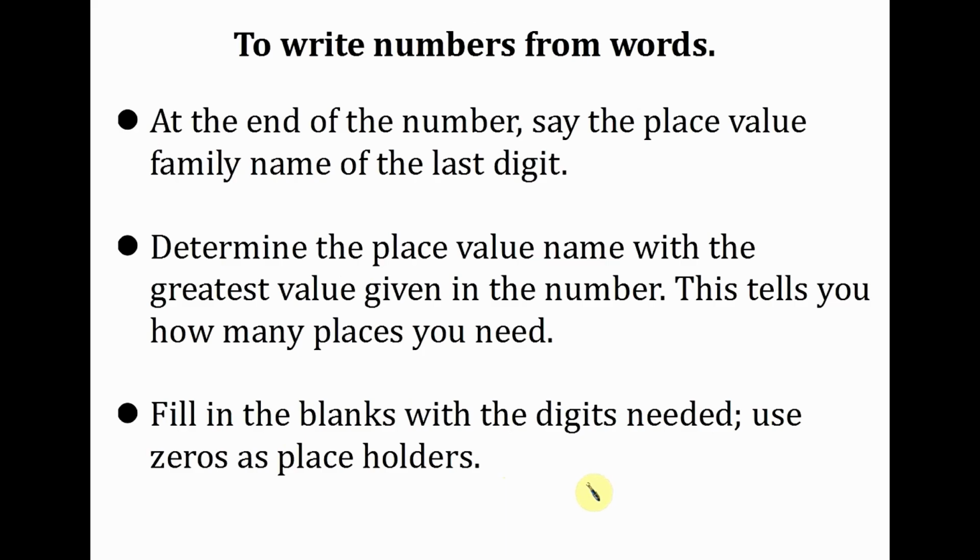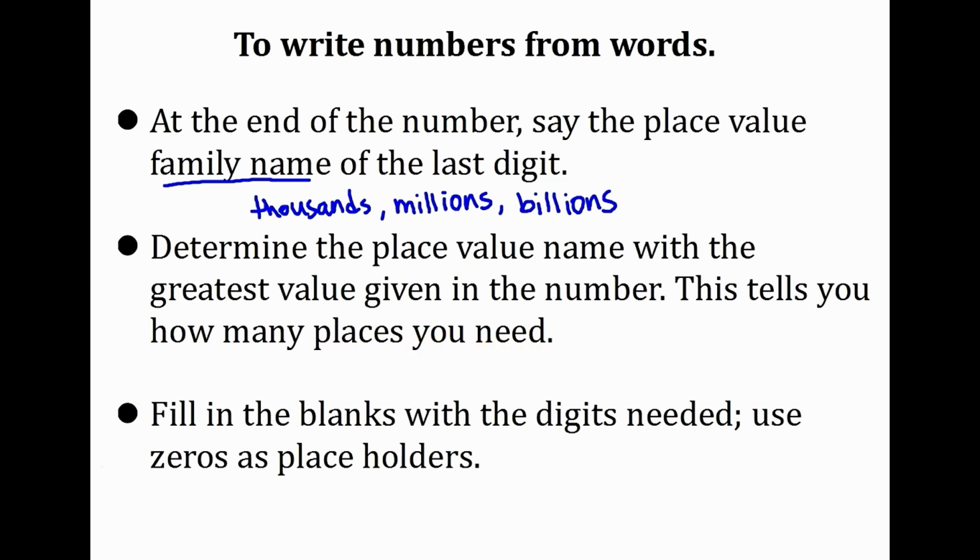To write numbers from words, at the end of the number, say the place value family name of the last digit. So the family names could be examples like thousands, millions, or billions. And it could be trillions and so on if you continue. Then determine the place value name with the greatest value given in the number. This tells you how many places you need.